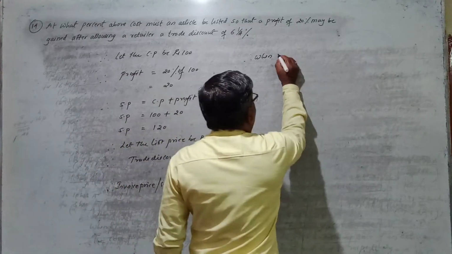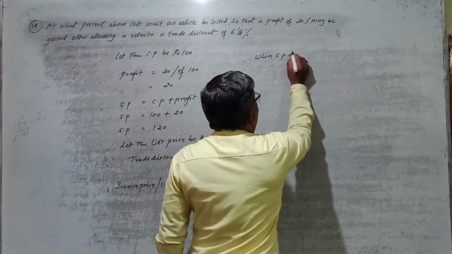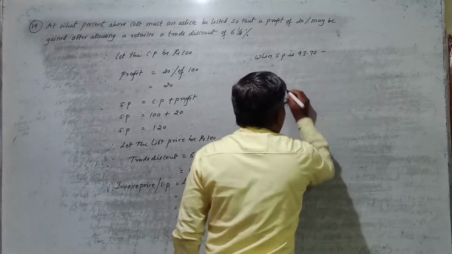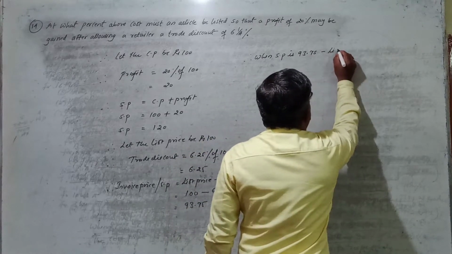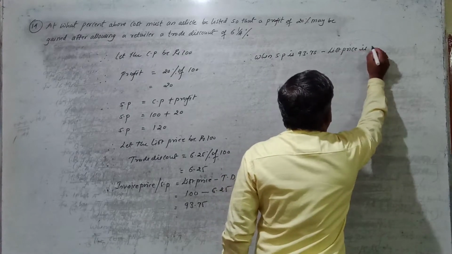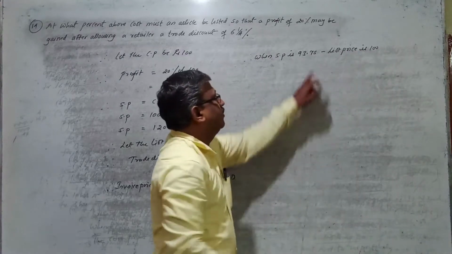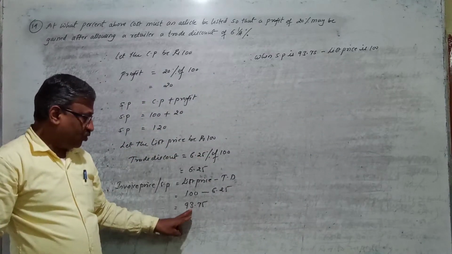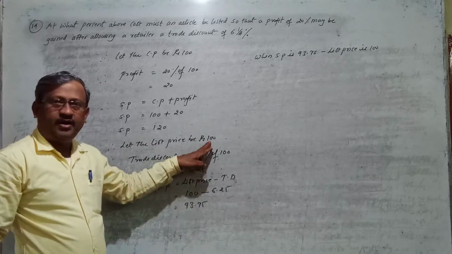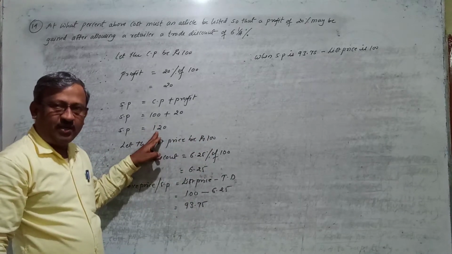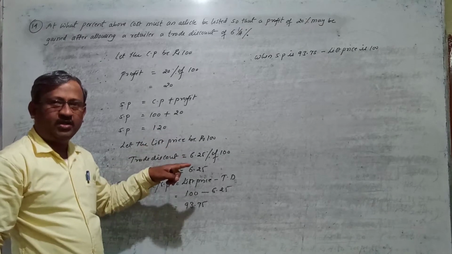When the selling price is 93 rupees 75 paise, my list price must be 100 rupees. This is as per my assumption I have written here. When this is my selling price, 100 should be my list price.